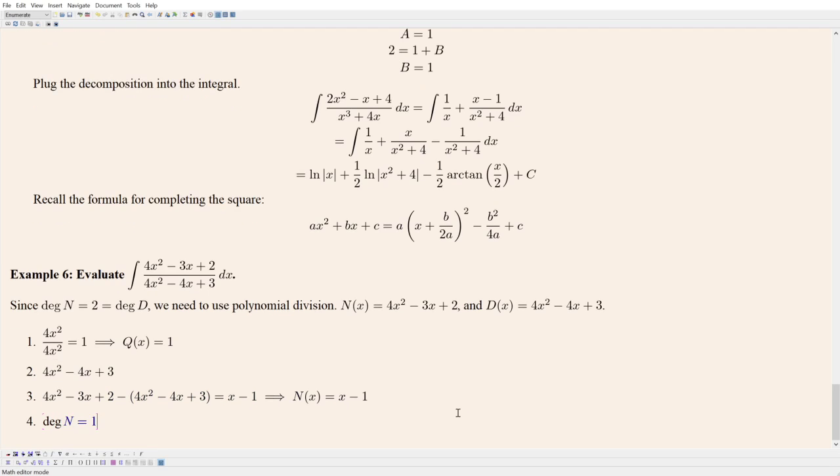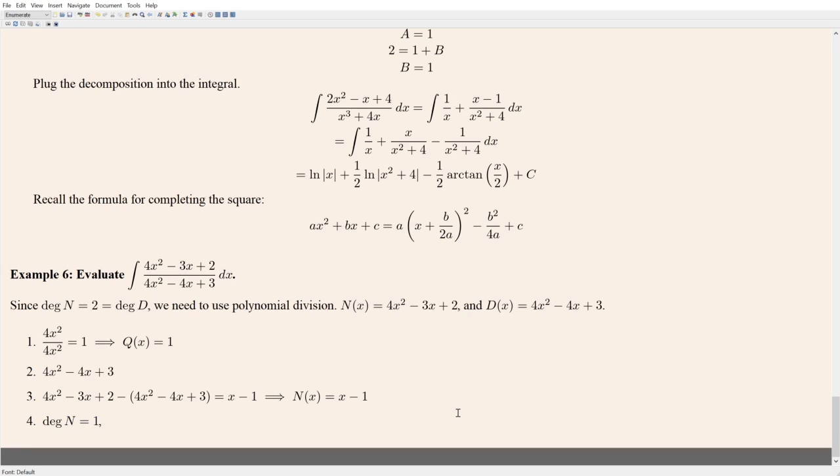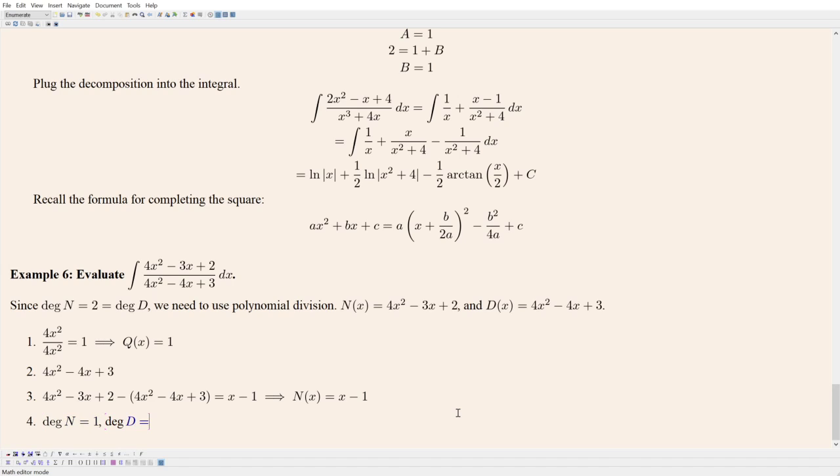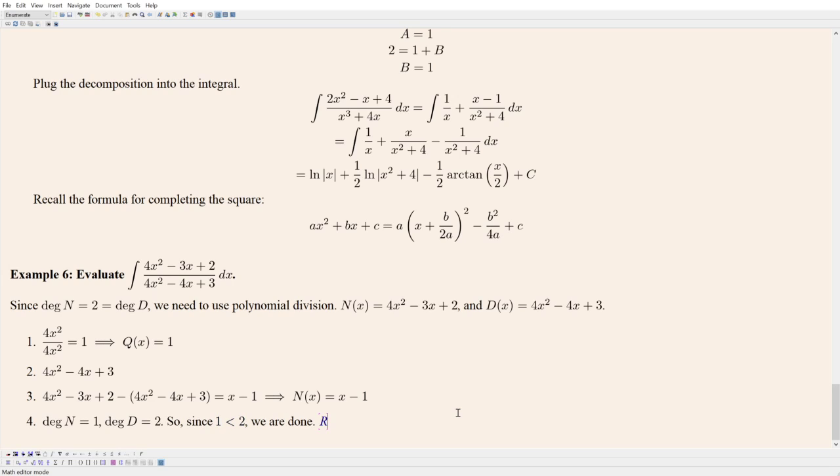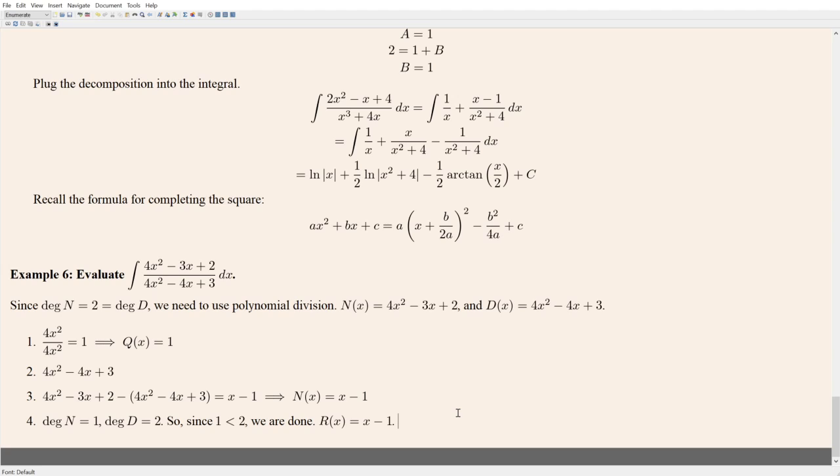The degree of n is 1, and the degree of d is 2. So, since the degree of n is now strictly less than the degree of d, we are done. And set r, the remainder, to be the current value of n.